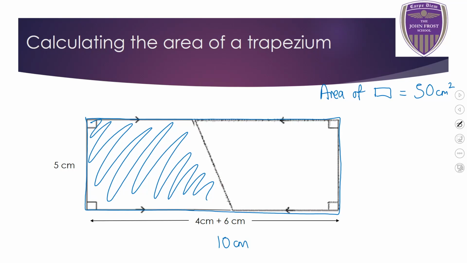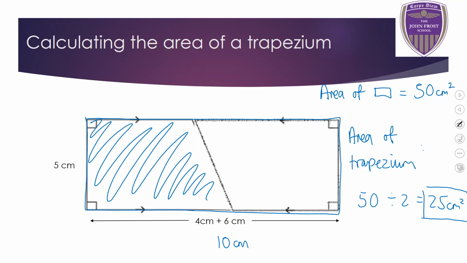If the area of the rectangle is 50, that means the area of the trapezium is half of that amount. So 50 divided by 2 is 25. So the area of the trapezium is 25 centimeters squared.